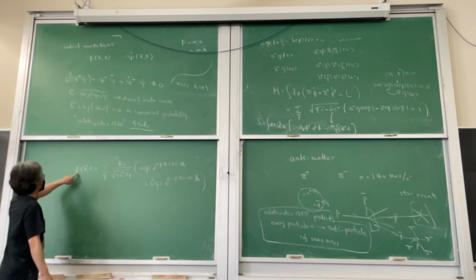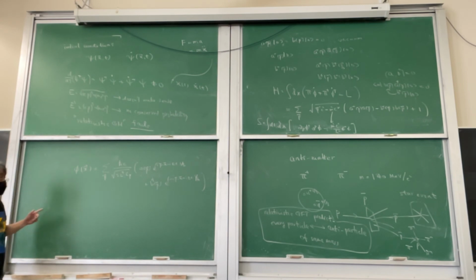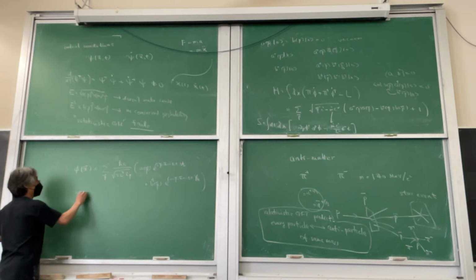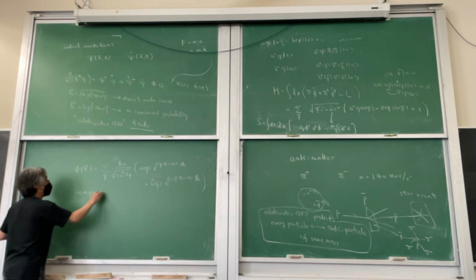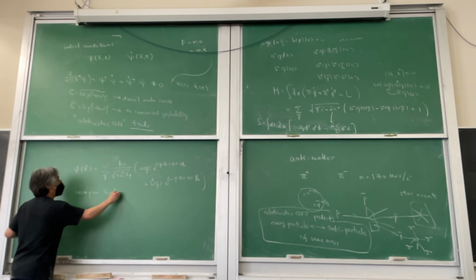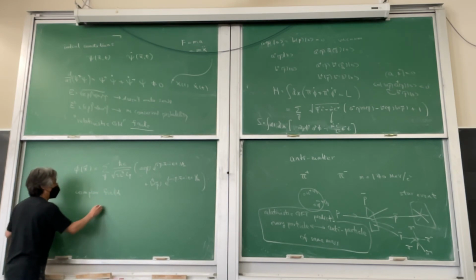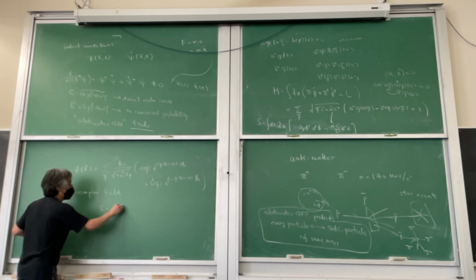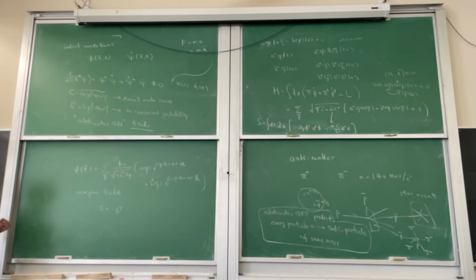And that's because the phi field, we started out, is a complex field. So here, we are not assuming phi is Hermitian. That's what's meant by complex.